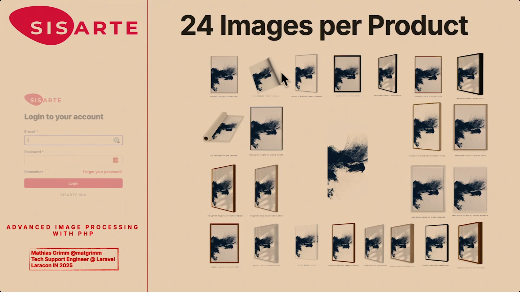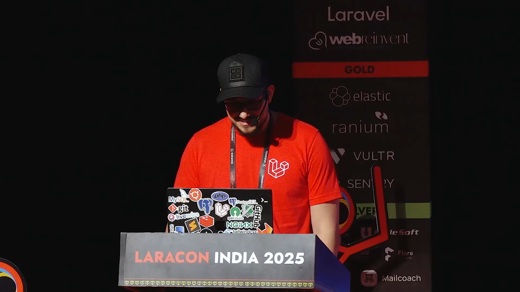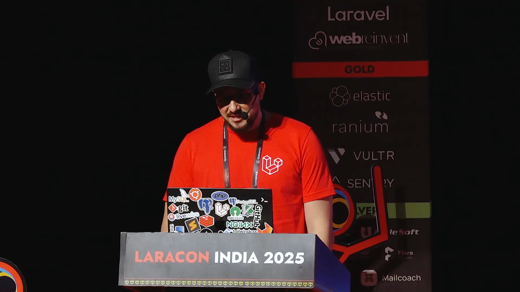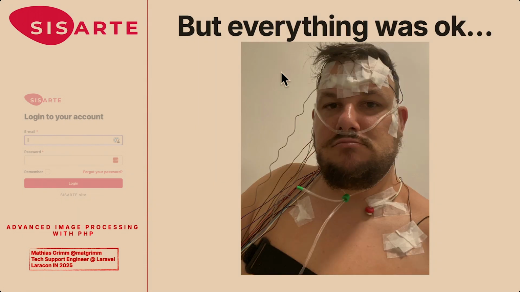And so this was really painful. The image part was partially automated with Photoshop, but it was still really bad. So initially she had like 100 products, and it would take like 10 minutes to create a product, and then 10 to fix some human error, and then to update price she would spend another 10, or description, images, and so on.